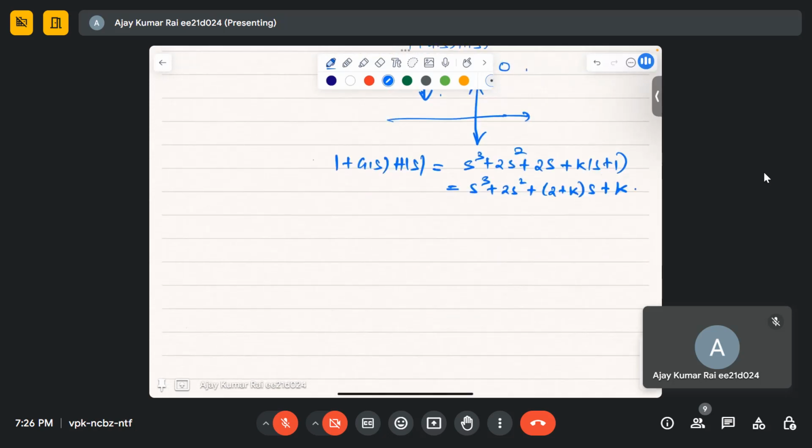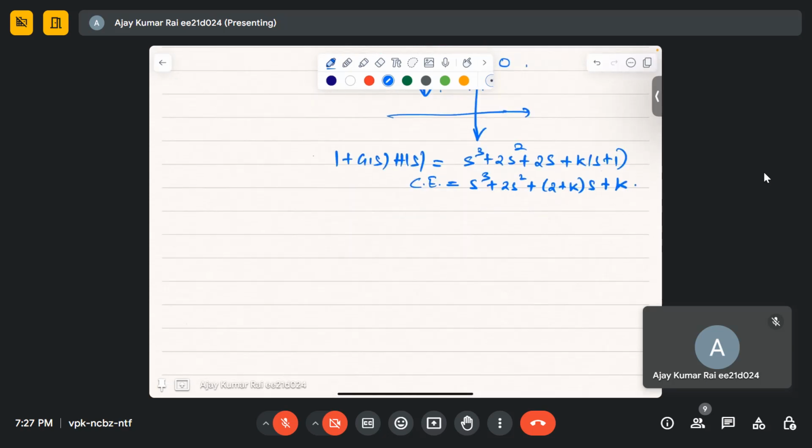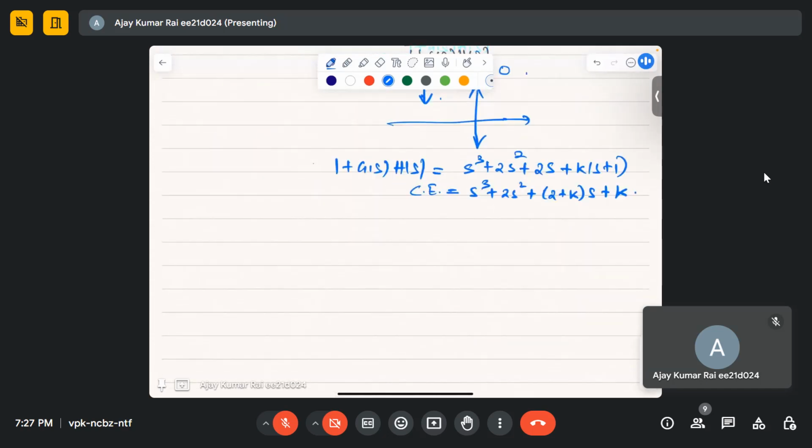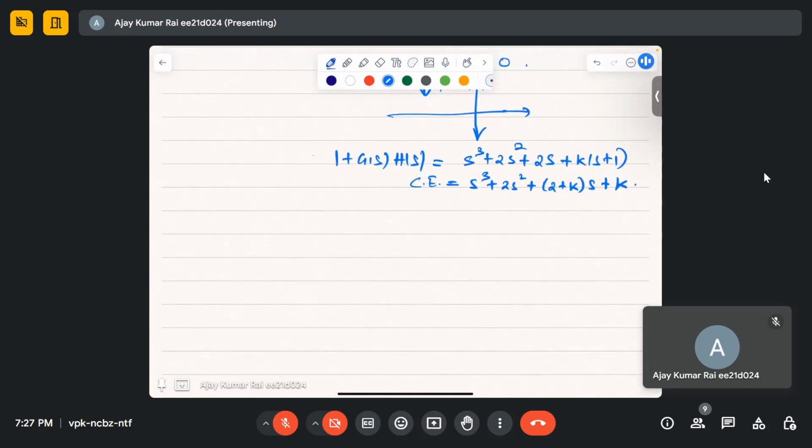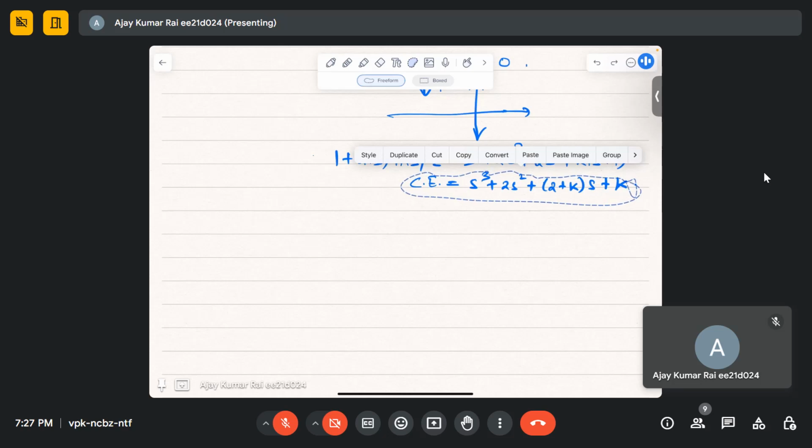So this is the characteristic equation, right? This is degree 3. Let me write it here. What you're saying is the necessary condition, right?